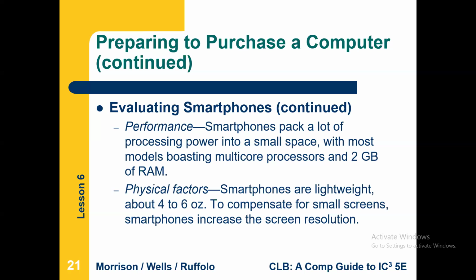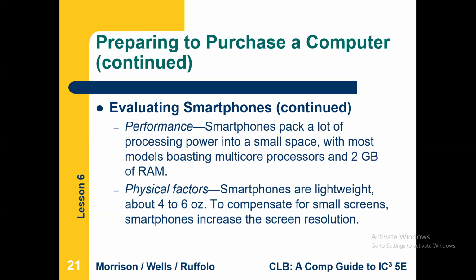Then in terms of performance, most of the smartphones that we are having perform creditably well, just like our normal laptops. There are some smartphones that are even better in terms of performance than some of the laptops that we have. Most of these smartphones offer you multi-core processing, and they also offer you 2 gig RAM.